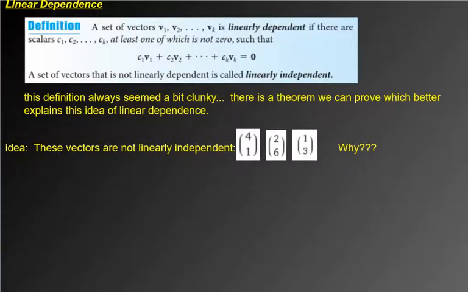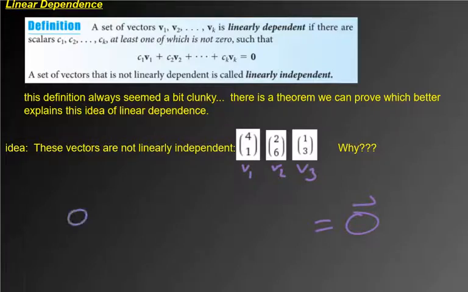But to formally show it, I'm going to call this V1, I'm going to call this V2, I'm going to call this V3. So I want to show that I can add V1, V2, V3 and get the 0 vector somehow, given at least one non-zero scalar.